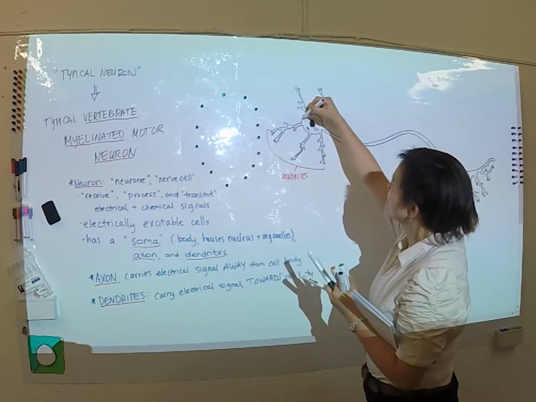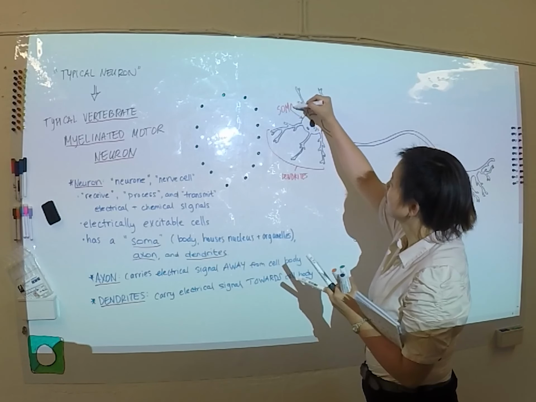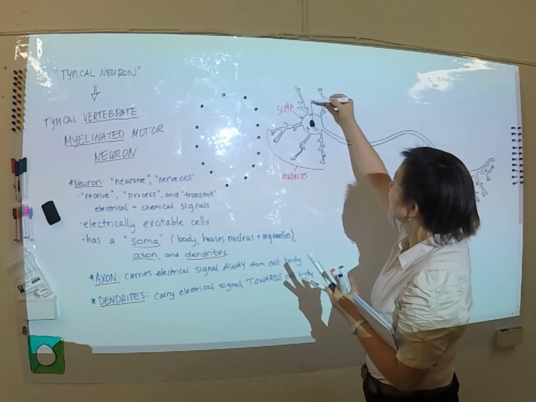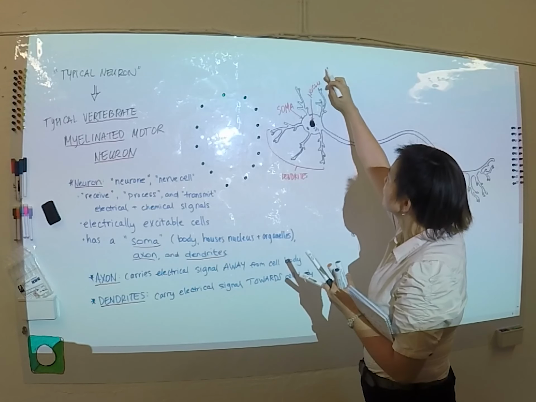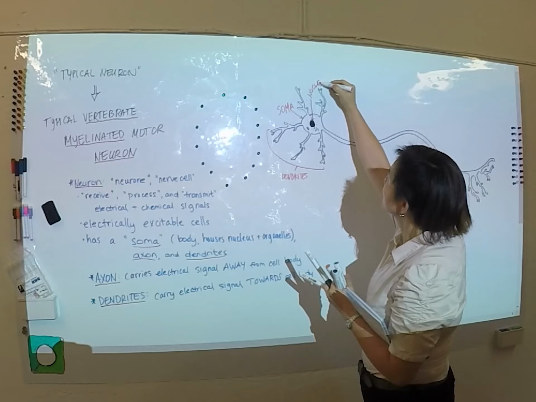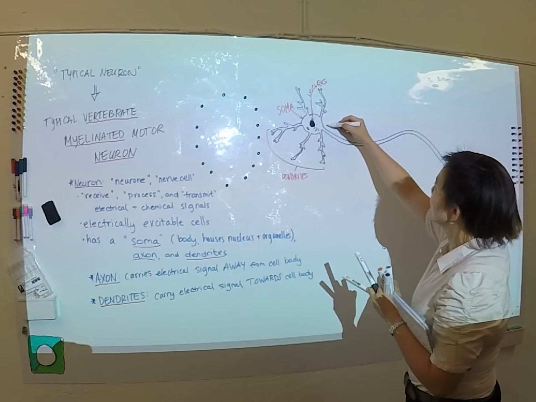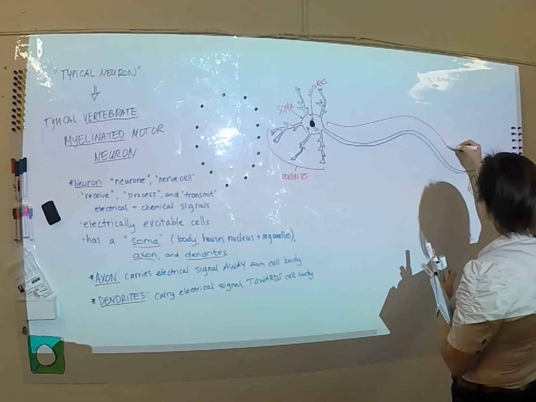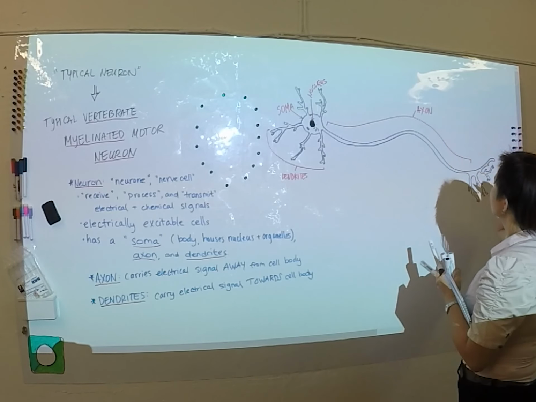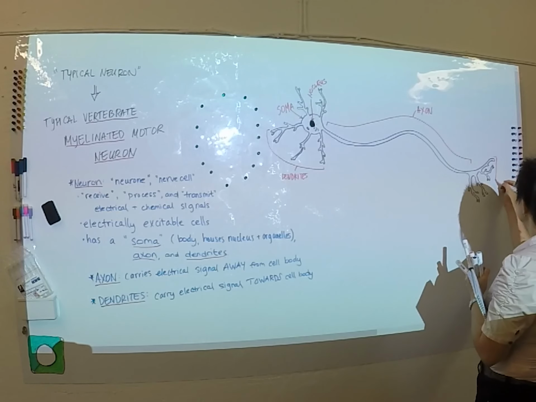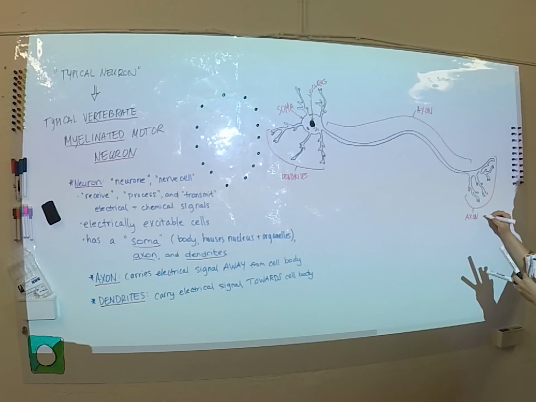Okay, we've got here the soma. Okay, this is the nucleus. Nucleus. Okay, then this entire thing is the axon, and this is called the axon terminal.